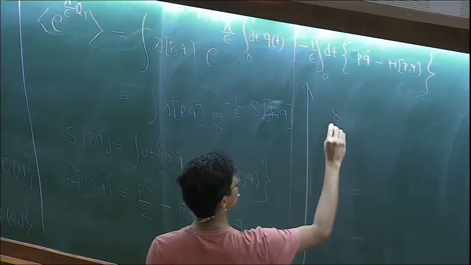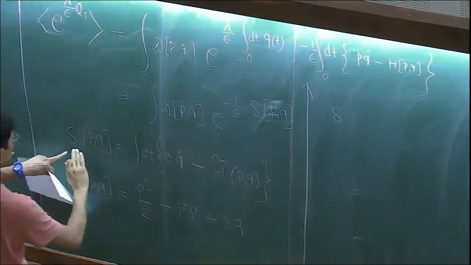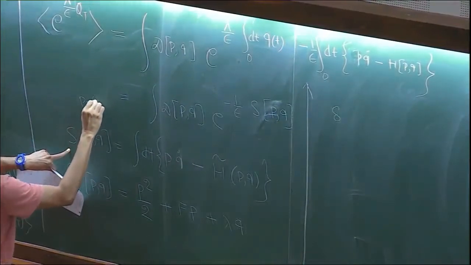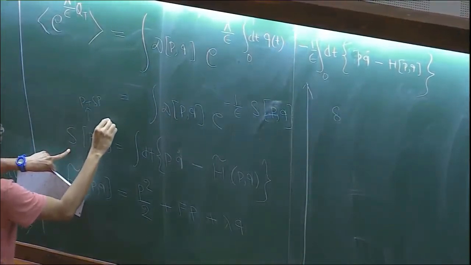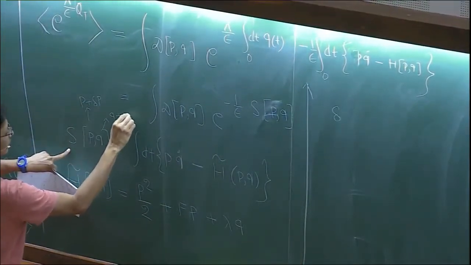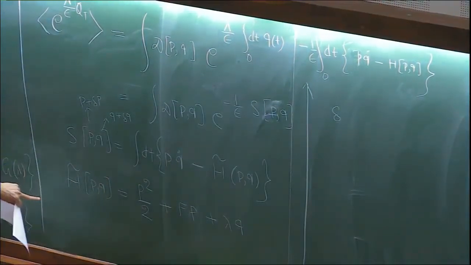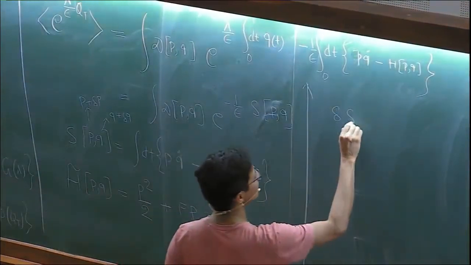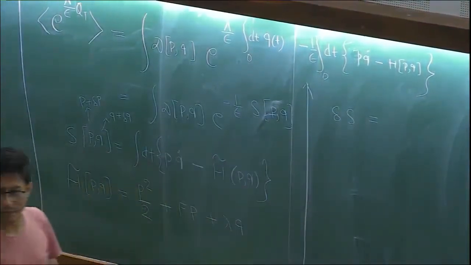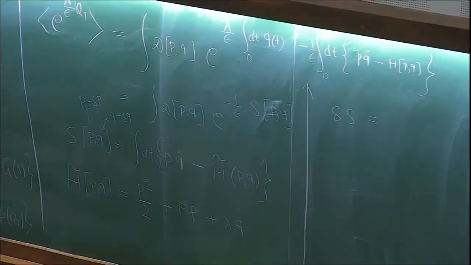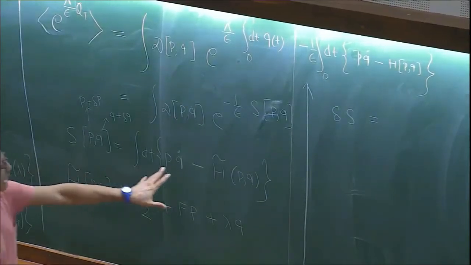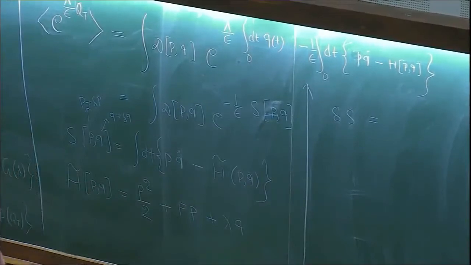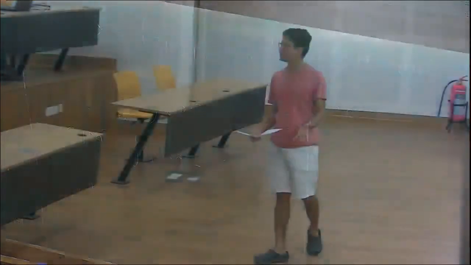Now we want to look at what happens if I change P to P plus delta P, and Q to Q plus delta Q. The action will change accordingly, and let that small infinitesimal change in action be delta S. We want to find out what that infinitesimal change is, and around the minimal action path, this change should be 0.